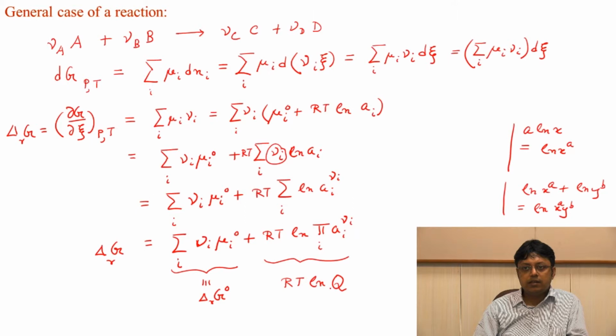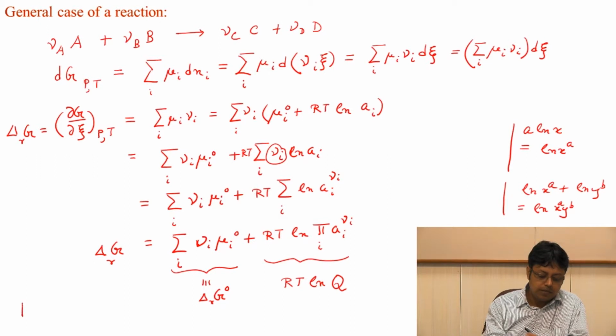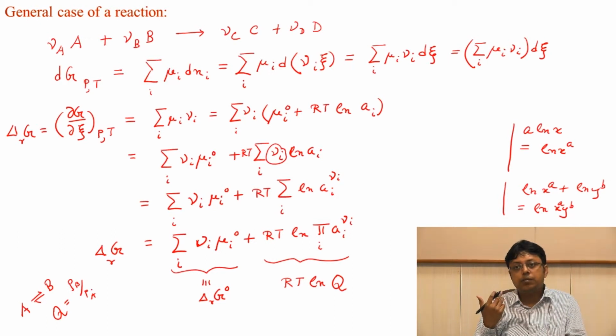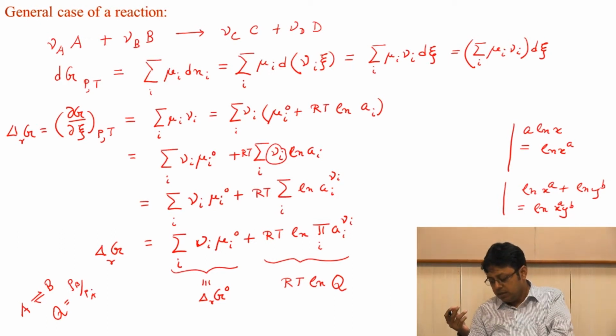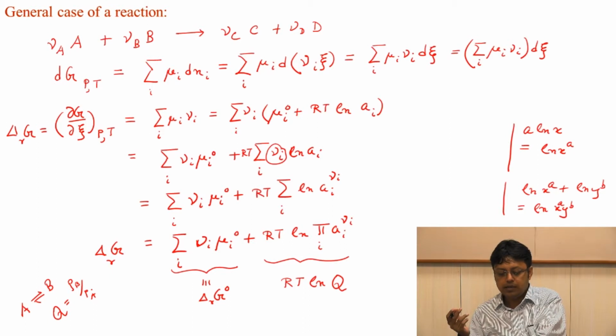Q is not just for the specific equation which we considered earlier, like A goes to B, where we wrote Q as the partial pressure of B divided by the partial pressure of A. Now we are writing it in a more general sense.